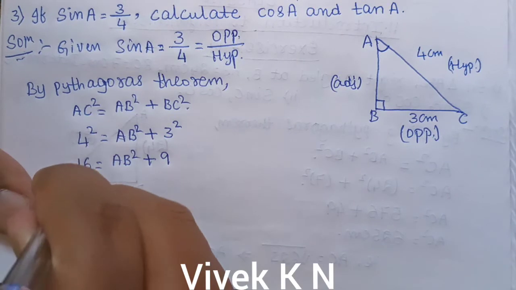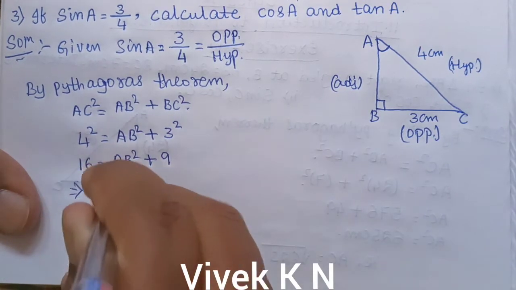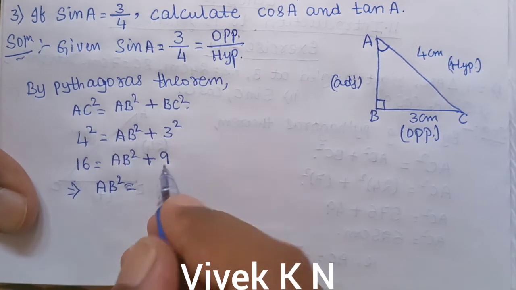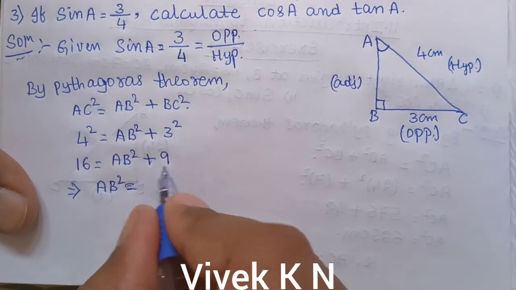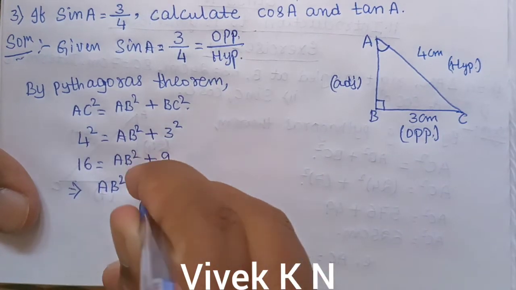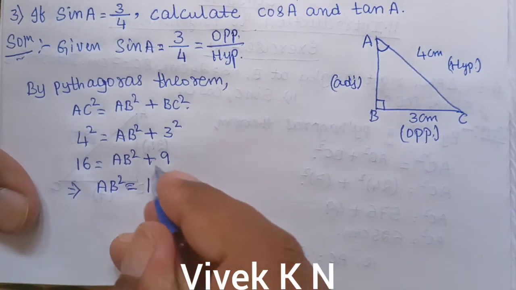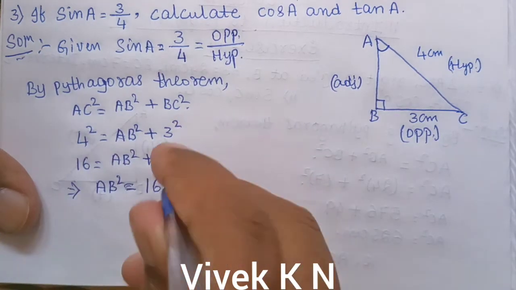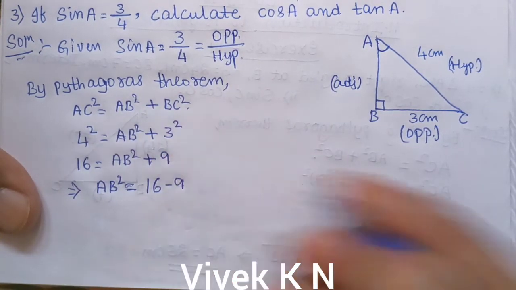Now let us shift this plus 9 to the left hand side. When we shift this plus 9 to the left hand side, it will become minus 9.